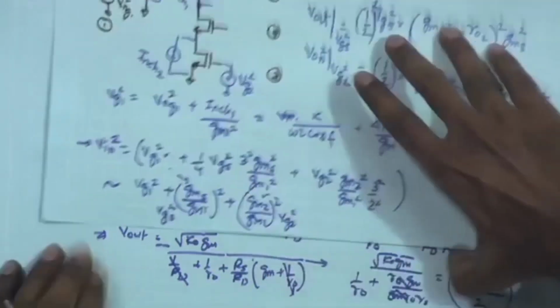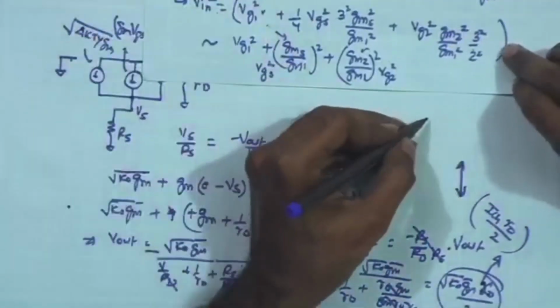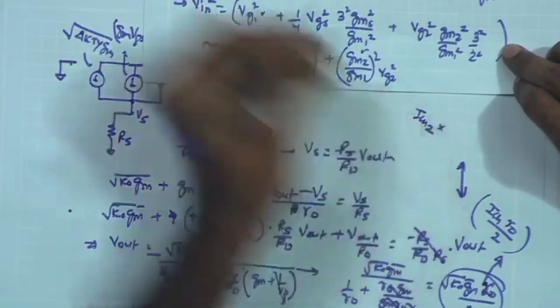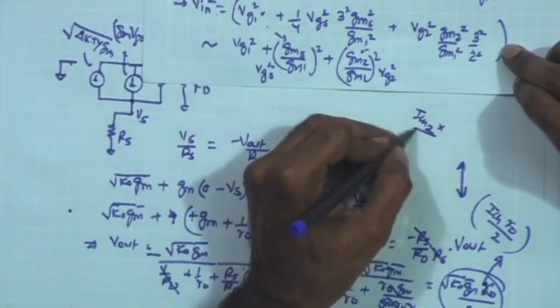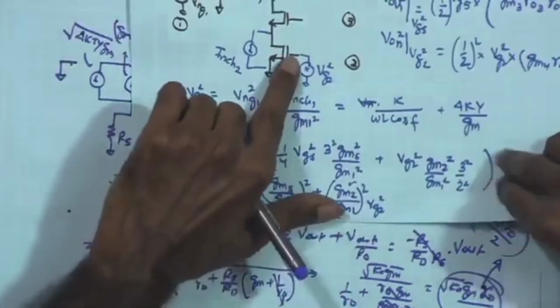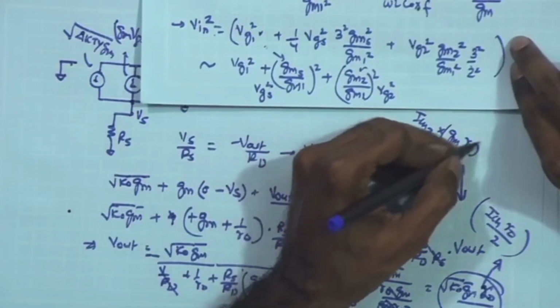So if I compare this, try to contrast this with the channel current effect of M2. So INCH2 is getting divided by Gm2 to give you the gate noise voltage of M2, and then it is getting multiplied by Gm Rho square.